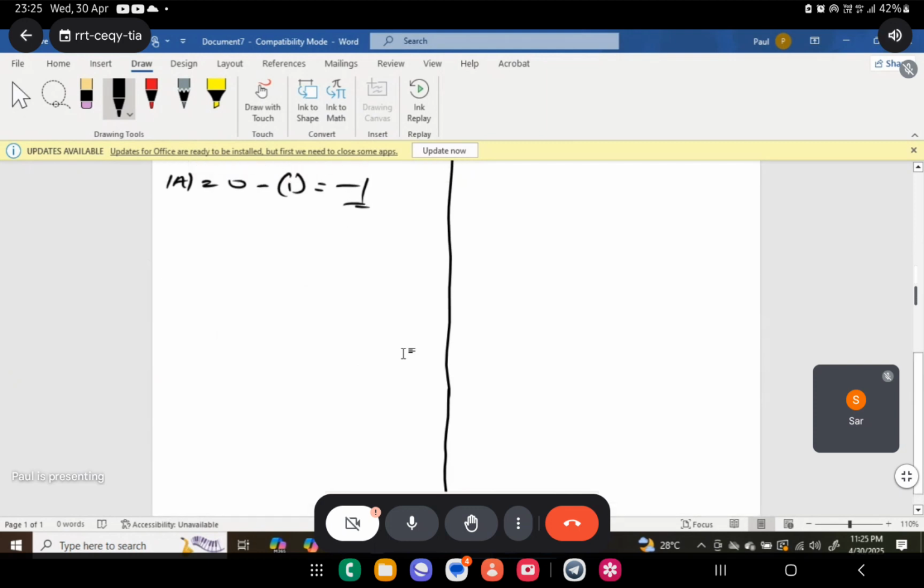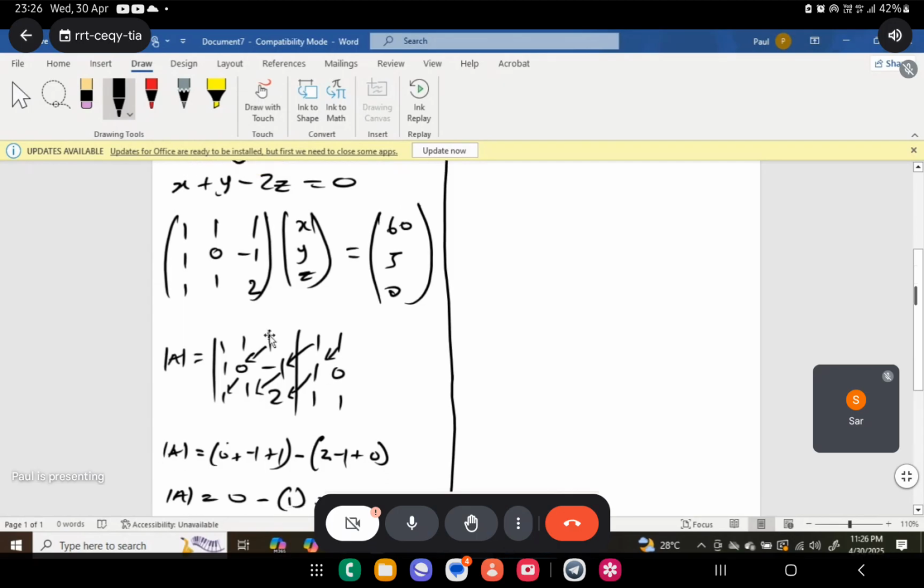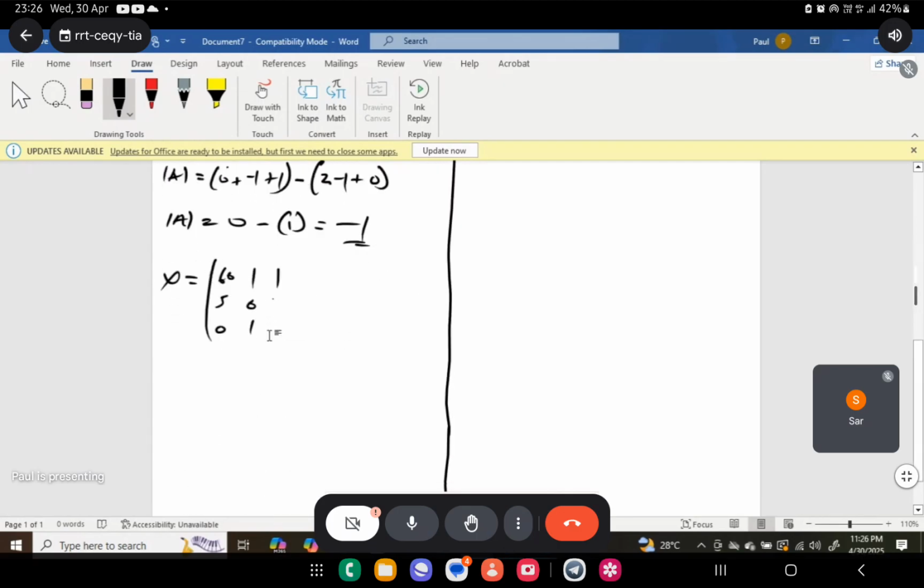So now that we know our main matrix, we find the matrix X. And to get that matrix, we replace the totals with the X coefficients. So here will be 0, 1, 1, negative 1, and 2.